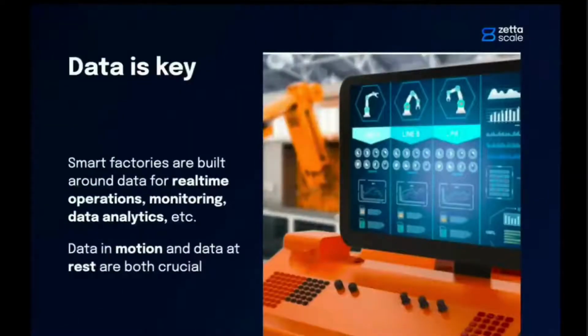First of all, we have multiple machines that are interconnected, but they are interconnected for a reason. They need to operate. In order to interoperate, they need to share data. Data, therefore, is key in a smart factory.